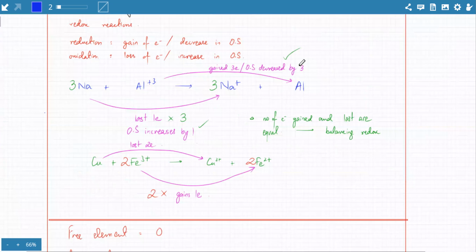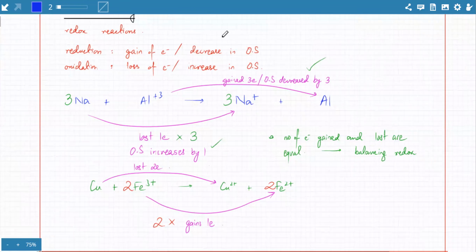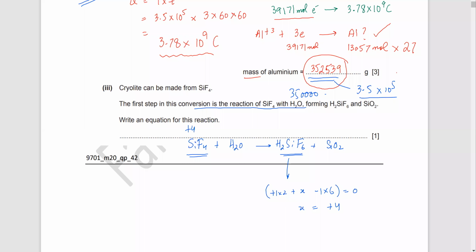Right in the beginning, we did this, that whenever you have a redox equation, you balance the number of electrons that are being gained and lost. They have to be made equal. So always check when you're writing equations whether it's a redox reaction or not, because that's an additional thing that has to be done. So this equation is kind of easy because you just have to balance it.